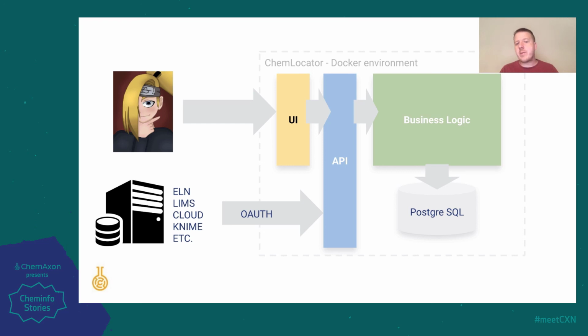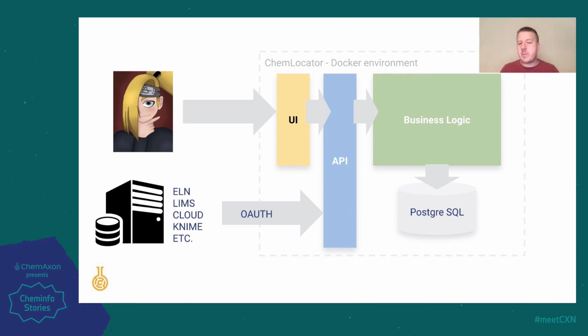And under the hood, of course, under the API, the same thing what we have seen previously is happening, but at the end the result is sent back through the UI or as data to the integrator applications.